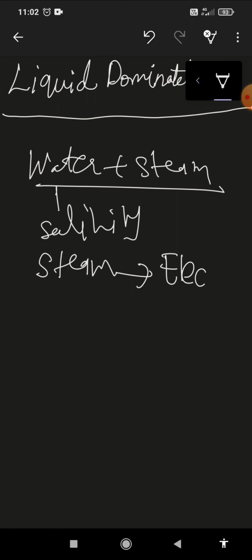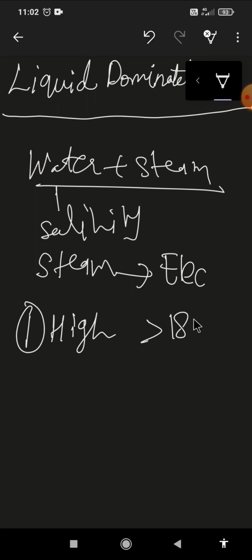So, liquid dominated power plants can be classified into three categories mainly based on temperature. There is the high temperature system, that is if it is greater than 180 degrees Celsius. Then comes the moderate temperature system if it is between 90 to 180 degrees Celsius.